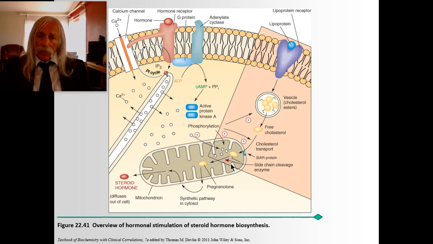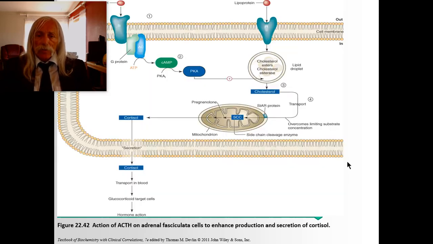But you need to get cholesterol in the mitochondria, you need to get side chain cleavage enzyme, that's the SCC enzyme, that's mitochondrial. That's going to take cholesterol, remove some of the side chain on that backbone, and then get that pre-steroid complex ready to go through any number of pathways to correctly make just the corticosteroid or not some other steroid hormone. Right? Of course. So that's the overview of steroidogenesis.